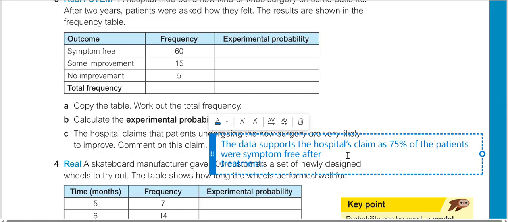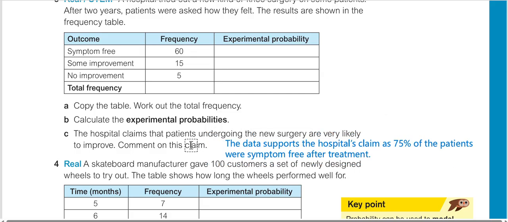The data supports the hospital's claim as 75% of the patients were symptom free after treatment.